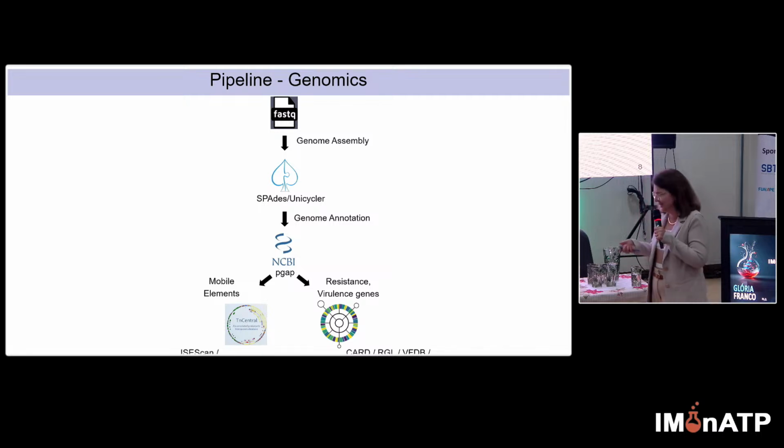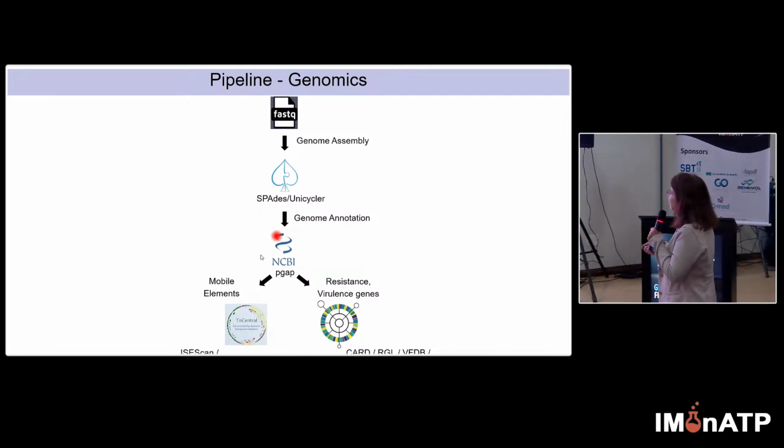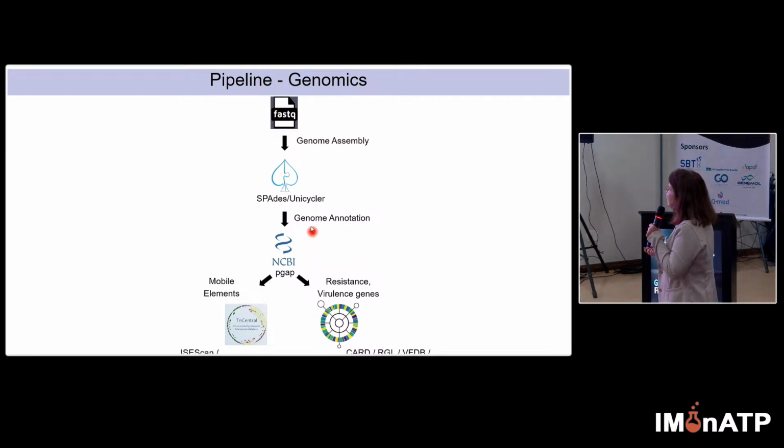That's very strange. We used these pipelines for genome annotation, SPAdes and Unicycler, and we also looked for mobile elements and resistance and virulence genes using these tools.